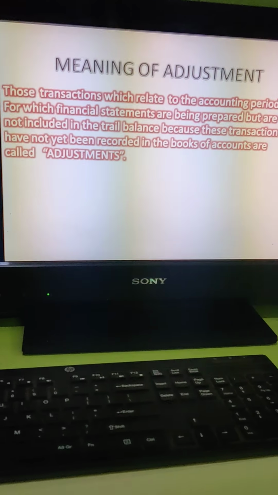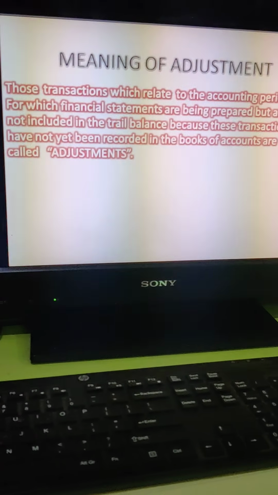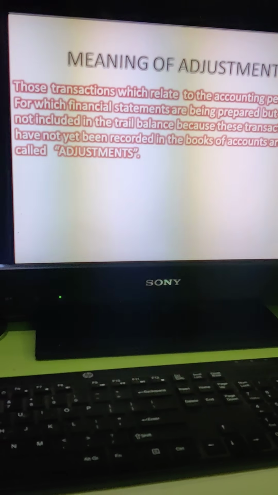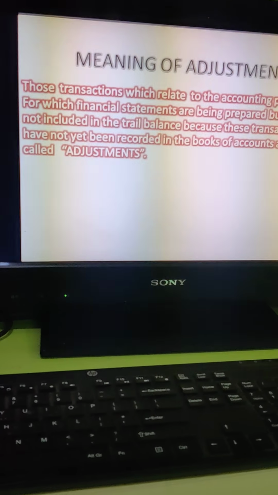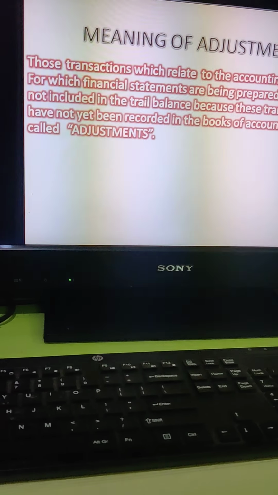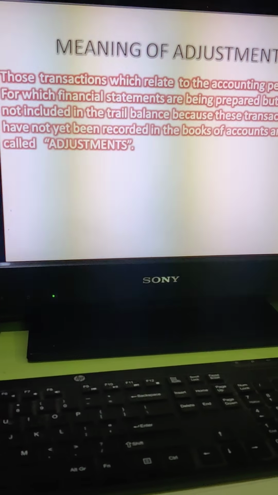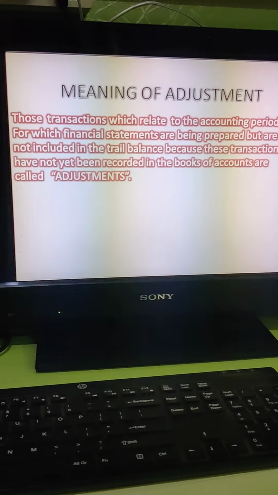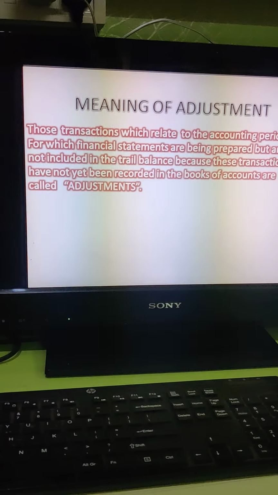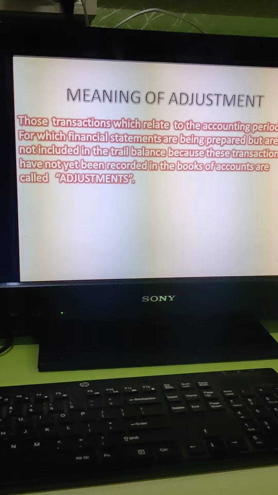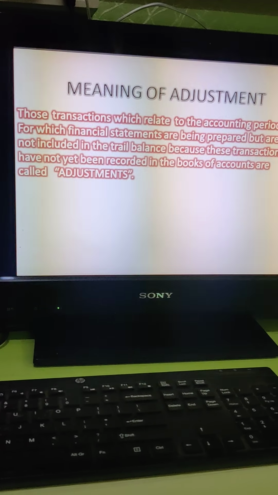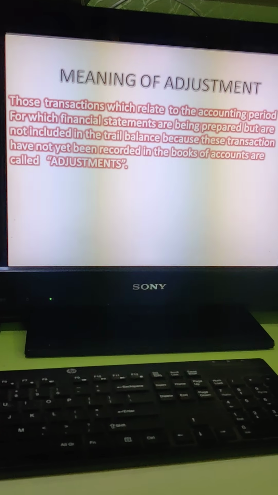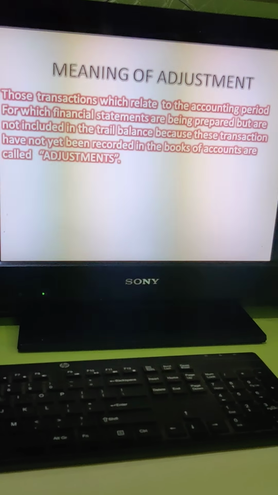We have certain adjustments. The adjustments are those transactions which relate to the accounting period for which financial statements are being prepared that are not included in the trial balance. So any transactions which are not appearing in the trial balance appear by way of adjustments.